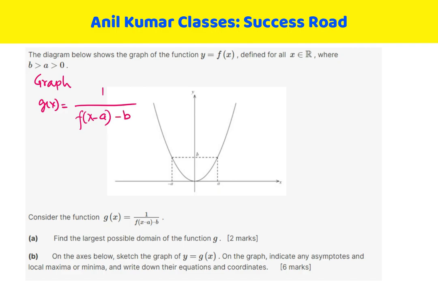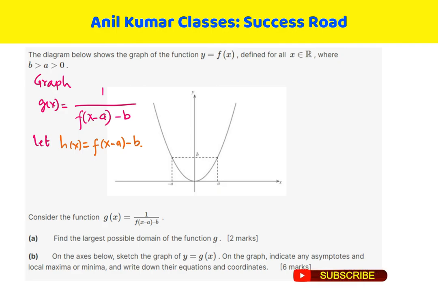So to graph g of x, first we will graph f of x minus a minus b. Let me use a different color. Let h of x be equal to f of x minus a minus b.